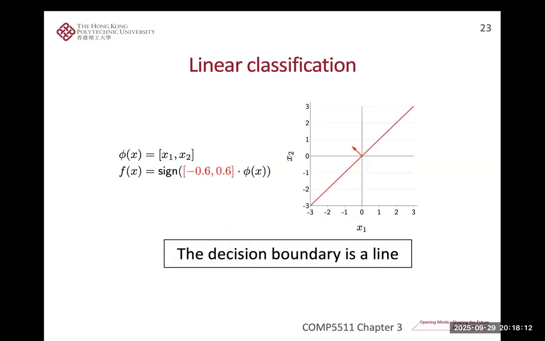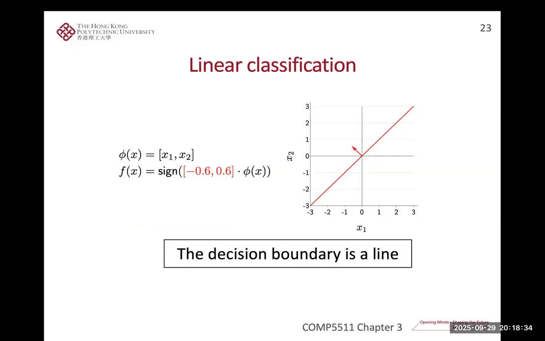Okay, so we mentioned regression. Now about classification. Remember, when we talk about classification, even with the sign function, even the linear binary classifier, the function itself is not linear in the input variable.